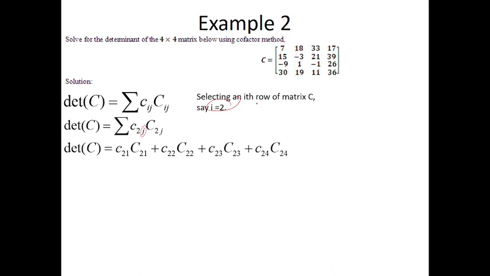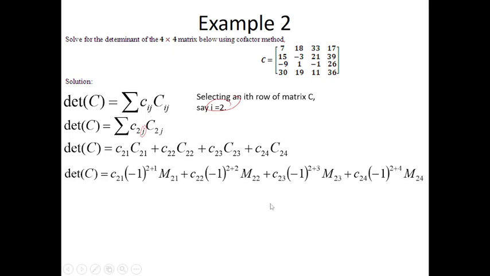With that, we now proceed with the next step. So we determine, we simplify, we expand. Now we expand this quantity. Okay, expanding it, we have this. So recall the formula: aij is equal to -1 raised to i plus j times mij.